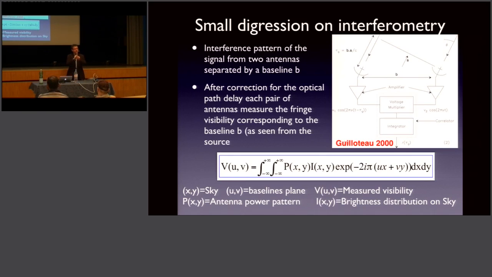You cannot put two antennas infinitely close together. This small scale in the UV plane corresponds to a large scale in the image plane, and it means that beyond that scale, you don't see. The interferometer is not sensitive.